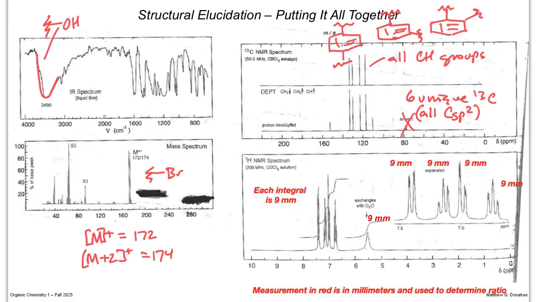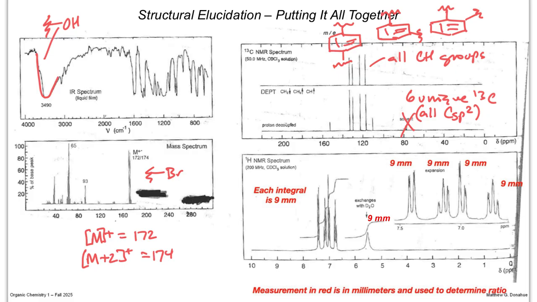So now what we have to do is go to the proton data and say, how are the substituents arranged, either in this 1, 2, or 1, 3 fashion? The H of the OH is common to both, but then when we look at these, we'll have 1, 2, 3, 4 signals.